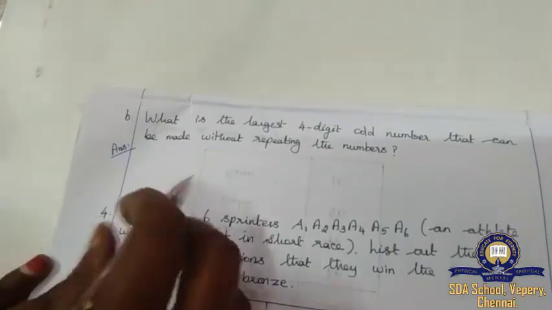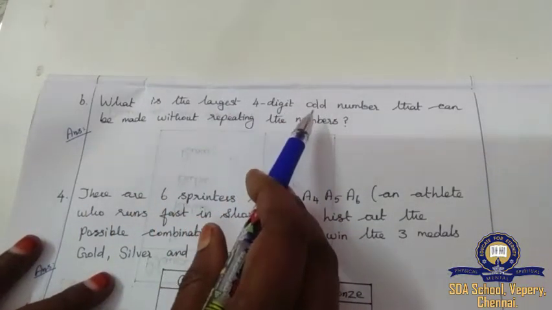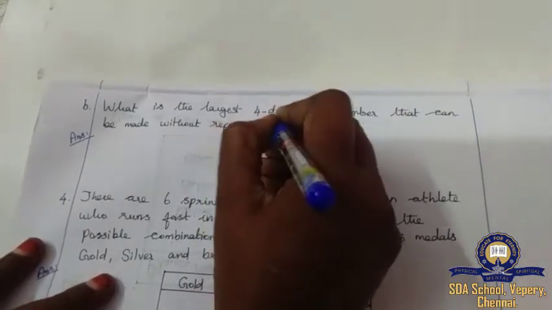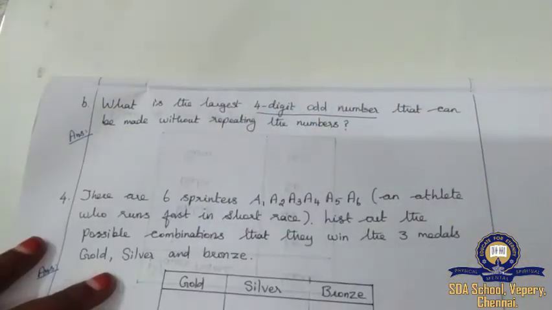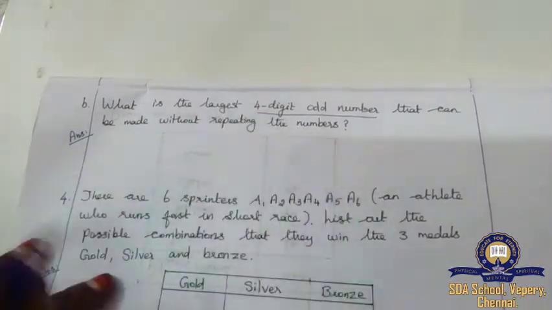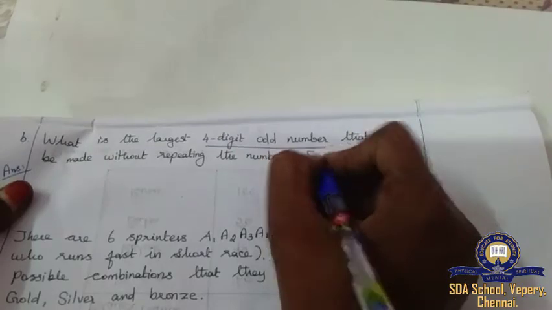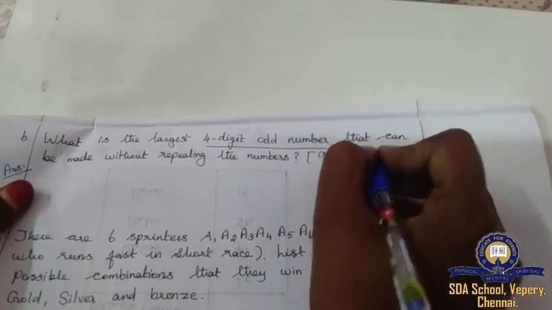Here the next one is, what is the largest 4-digit odd number? So a 4-digit odd number you have to find out that can be made without repeating the numbers. From the number 9746, the odd number from 9746.